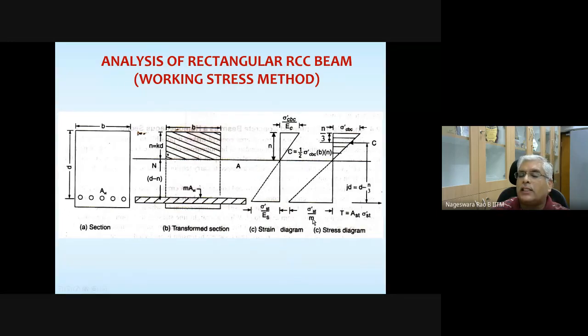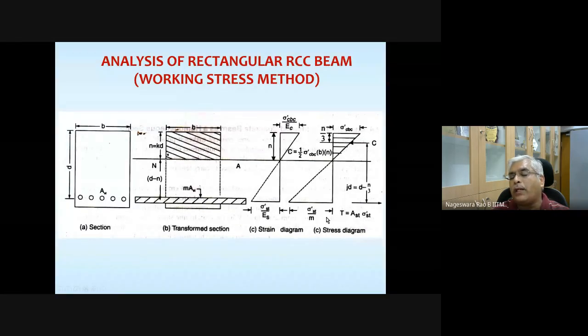Okay? And so this is the stress in steel. So what is the total tension, or total force in the steel? Stress in steel multiplied by the area of steel, the area of the transformed section. So sigma prime ST divided by M multiplied by M AST.